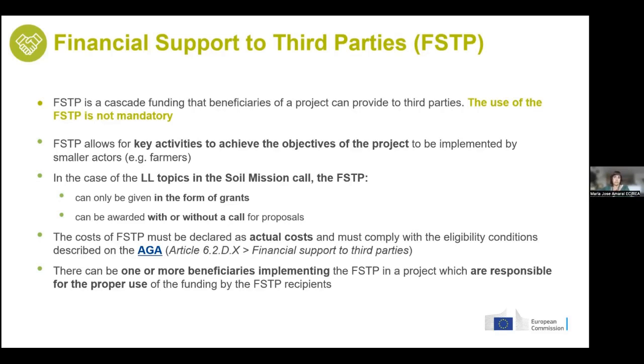Again, these are decisions of the consortium in case they want to use this instrument, but the understanding is that the beneficiary that gives the financial support is responsible for the proper use of the financial support by the recipients that receive it. Next slide.